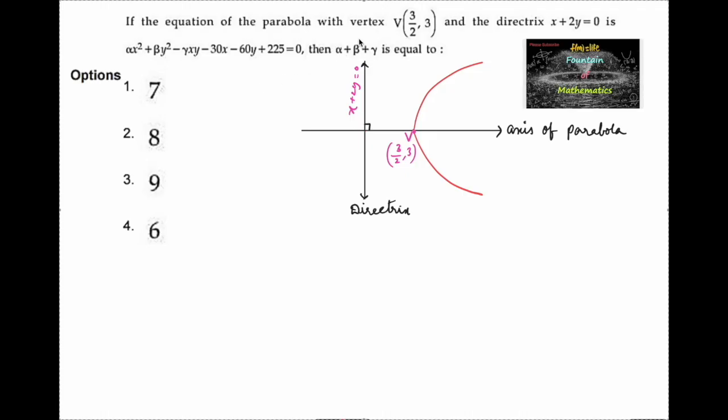So the equation of the parabola with the vertex (3 by 2, 3) and the directrix x plus 2y is equal to 0 is given in terms of alpha, beta, gamma. So actually to find the equation of the parabola, we need to find the axis of parabola equation so that we can find the focus also. So to get the axis of parabola, let us take the slope of the directrix.